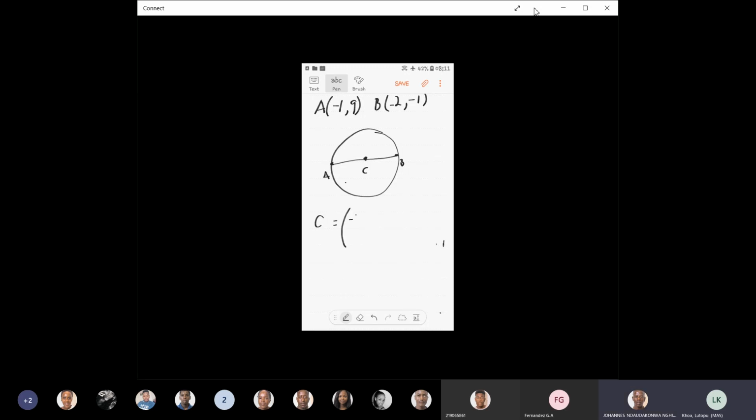So I say minus 1 plus minus 2, then I divide this by 2, and then 9 plus minus 1, and then I divide this by 2. Now this is equal to minus 3/2 for the first one. And then for the second one, 9 minus 1 is 8. 8 divided by 2 is just equal to 4.